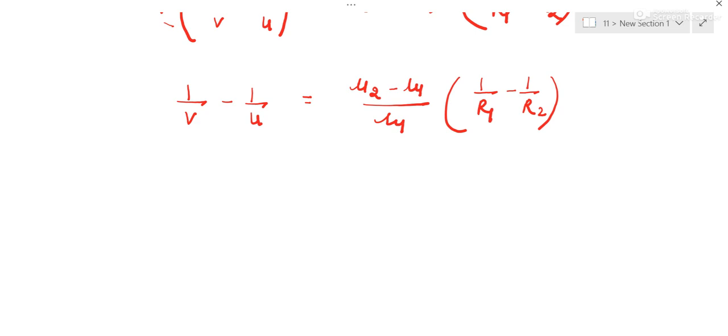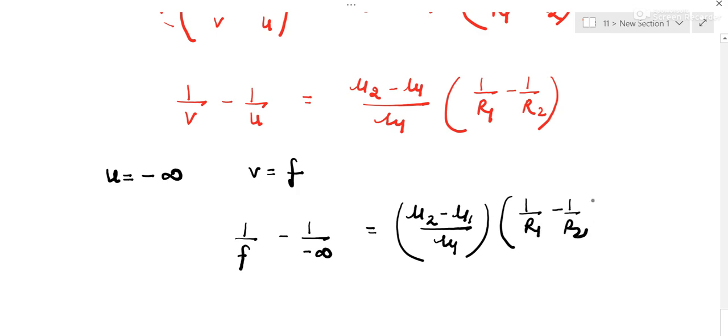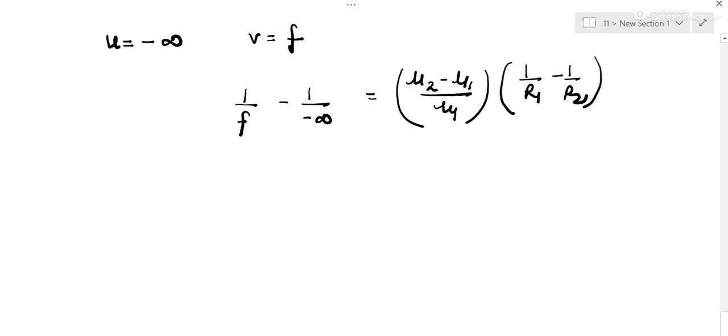Now, when the object is at infinity, the image is formed at the focus. So let us substitute: 1/f minus 1/(minus infinity) is equal to (mu2 minus mu1)/mu1 times (1/R1 minus 1/R2). 1/infinity is 0.